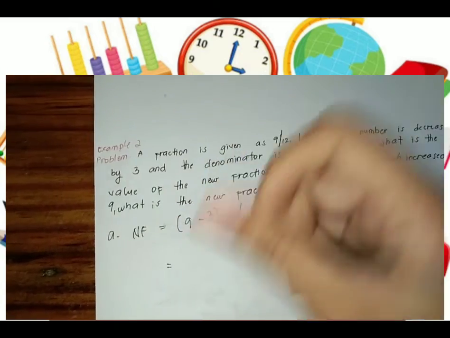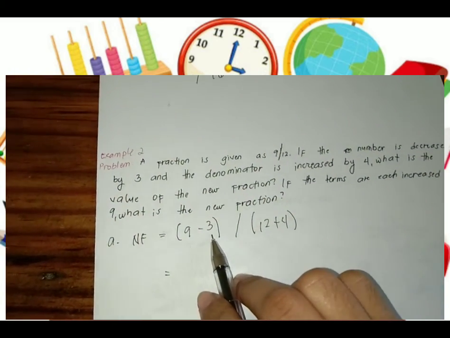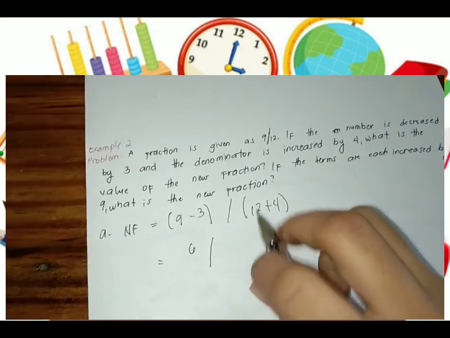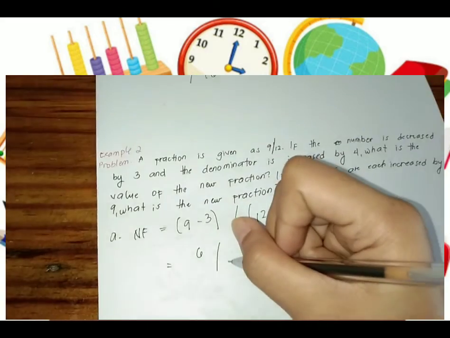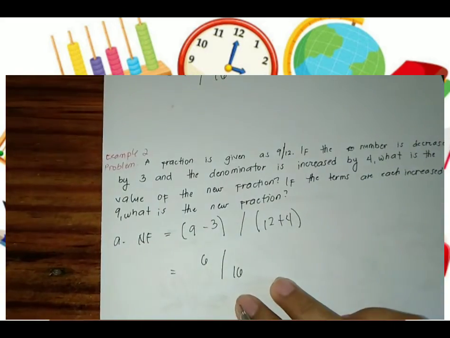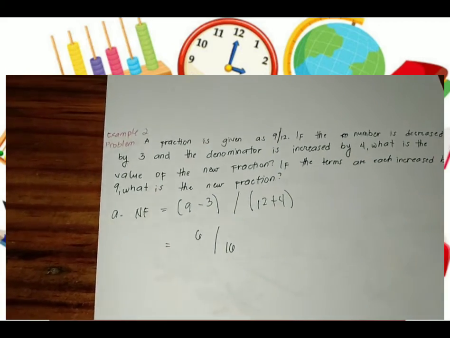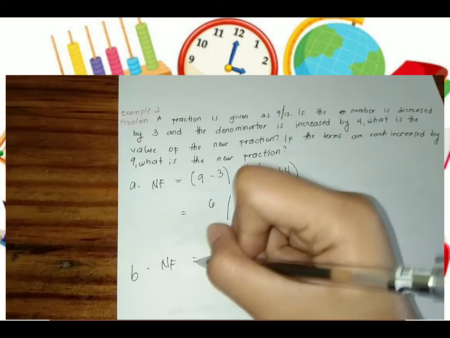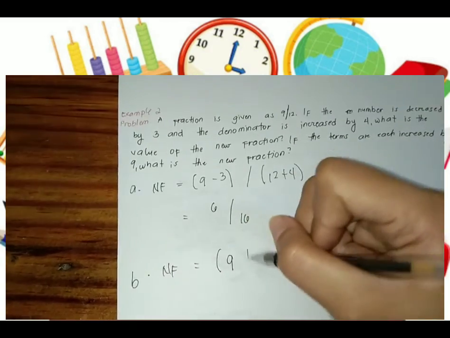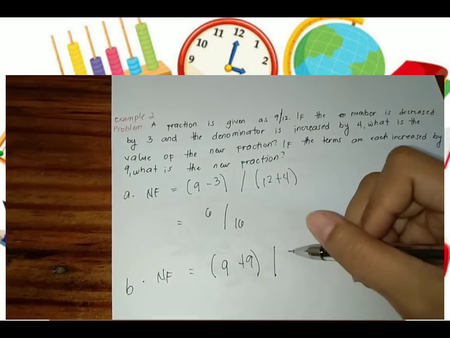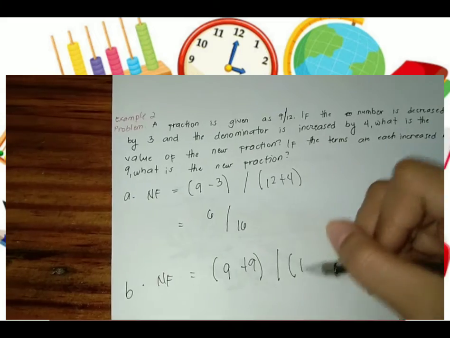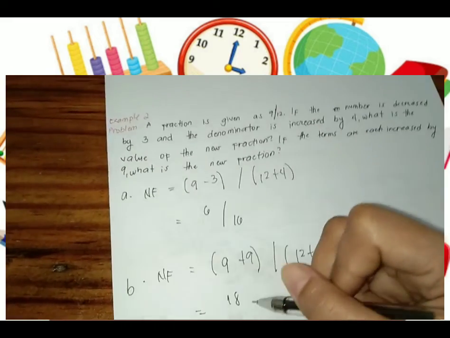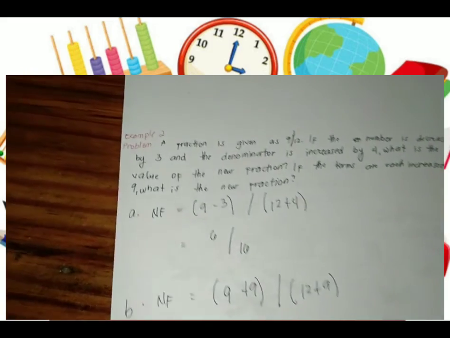So 9 minus 3 is equal to 6 over 12 plus 4 is equal to 16. So this is the answer. Now our B: we have 9 plus 9 over 12 plus 9. So the answer is 18 over 21.